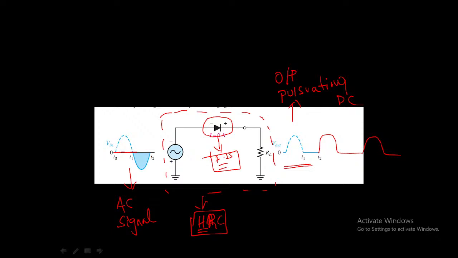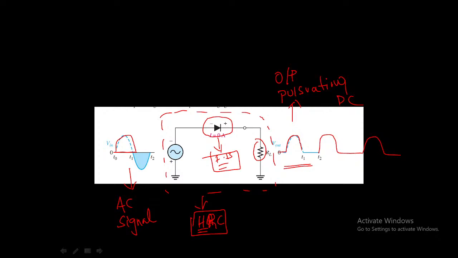For the positive voltage, the diode conducts and current flows through it. So at the output, there is a voltage across the resistance RL, which is why we get a positive voltage here.